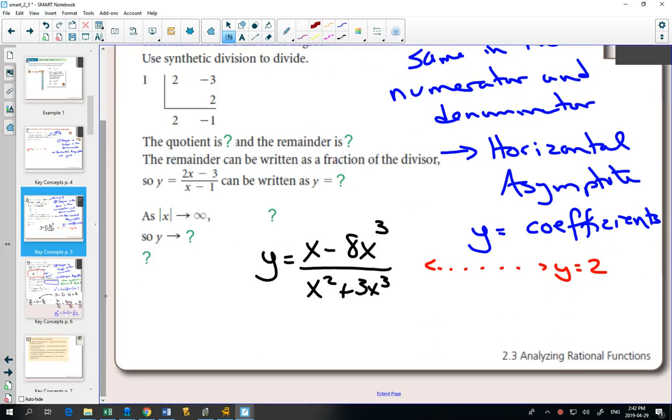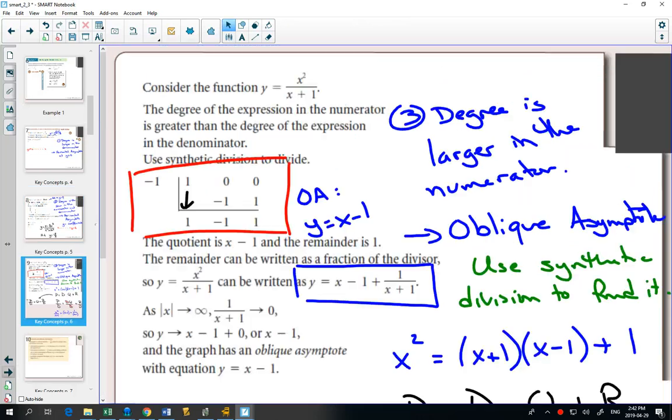So your horizontal asymptote will be at y equals negative 8 over 3. I take the coefficient of the highest degree there, the coefficient of the highest degree that matches, and that's your horizontal asymptote. And number 3, when the degree is larger in your numerator, you get an oblique asymptote.